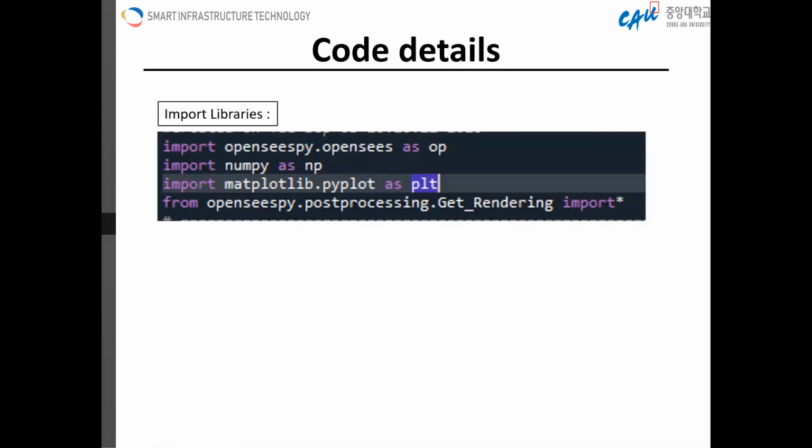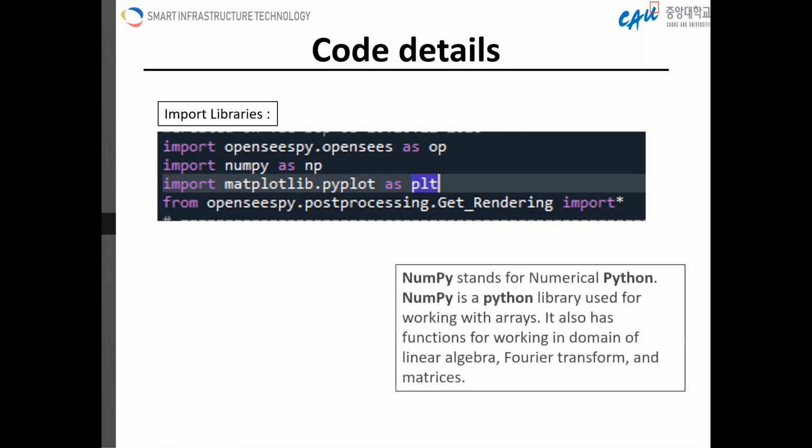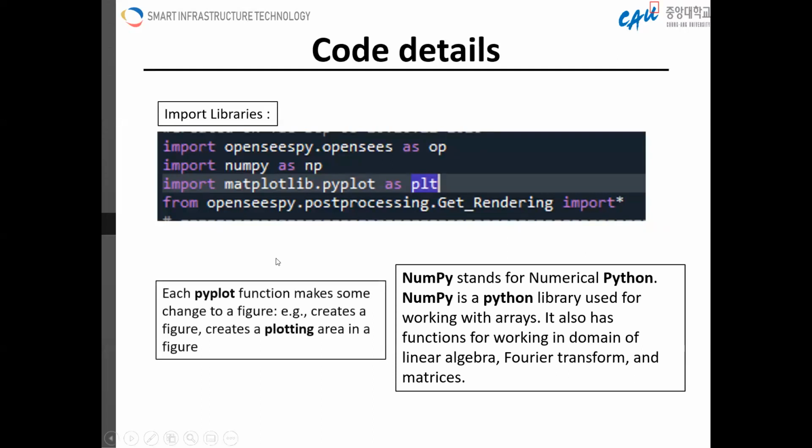So here what we did, we imported the libraries which were necessary for the implementation of all of this code. We use OpenSees because mostly all of the commands are from this library, and we use NumPy because numerical calculations are based on this library, which has functions for working in the domains of linear algebra, Fourier transformation, etc. We have PyPlot from Matplotlib, which is going to help us create the figures and the areas for the figures.